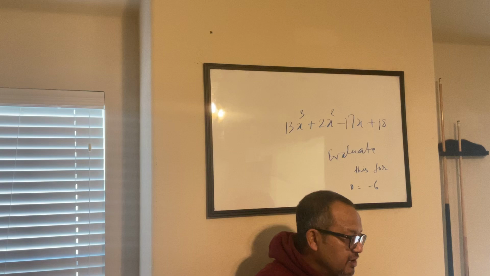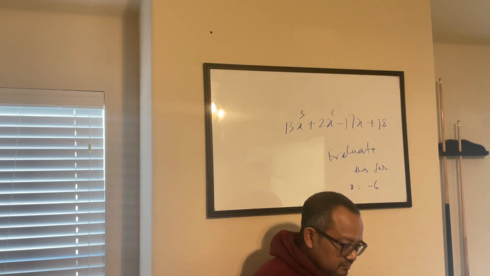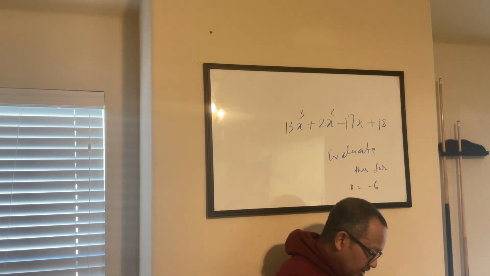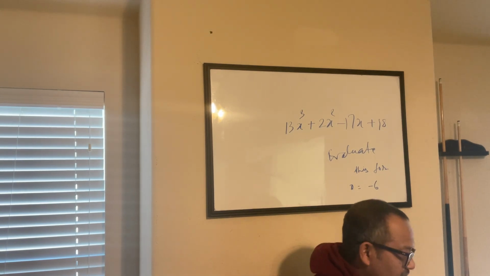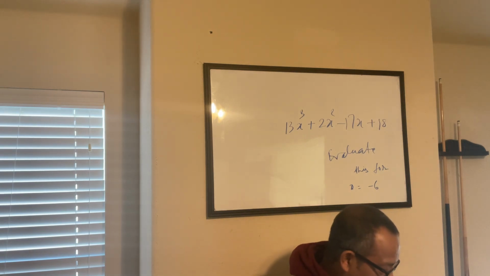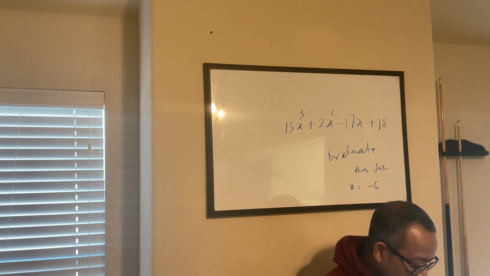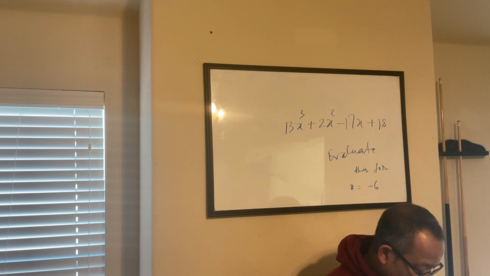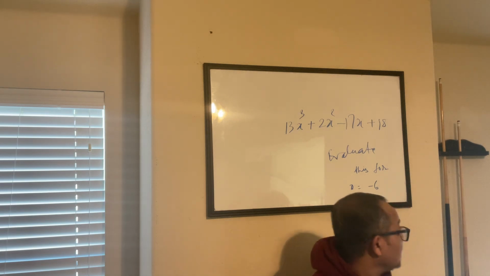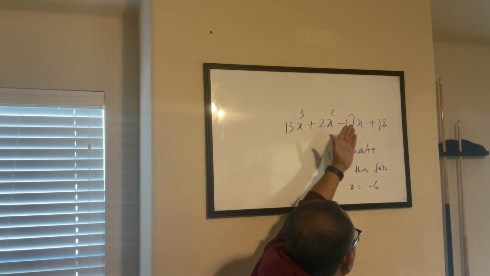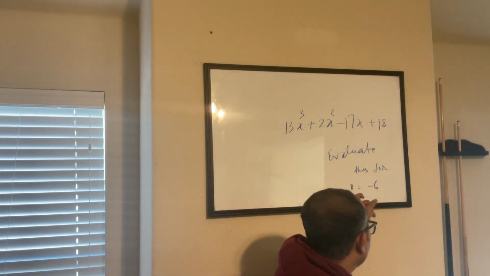Does everyone know how to do it? Let's do it. I'm just trying to be a little lazy today so that I talk a little less, okay? Because my throat might give up any time. So I'll make you guys practice a bit. So I'm saying evaluate this expression 13x cube plus 2x square minus 17x plus 18 for x equal to minus 6.